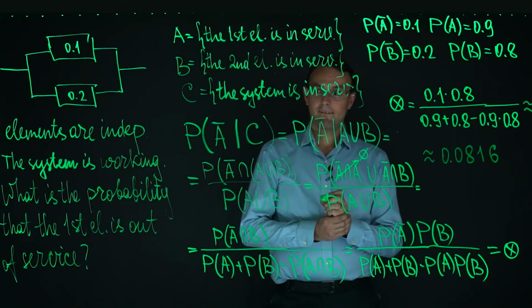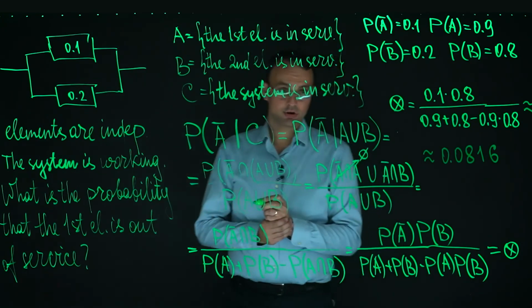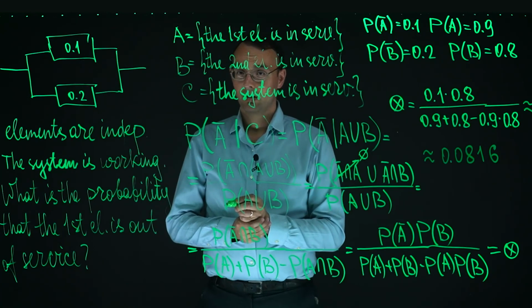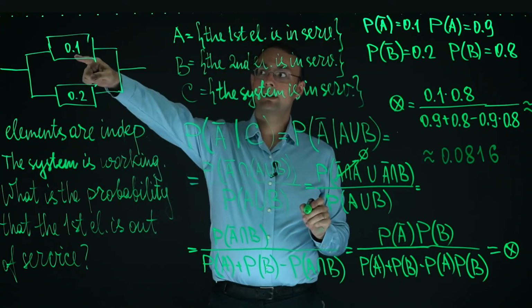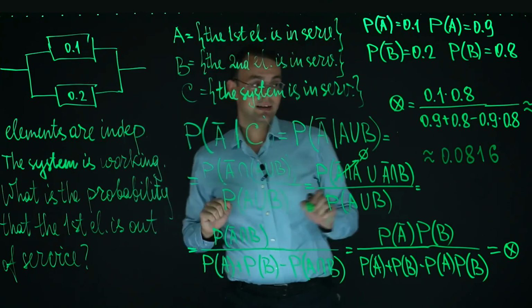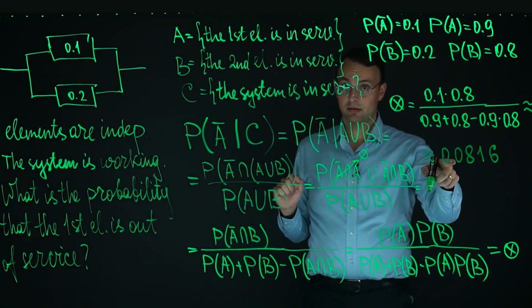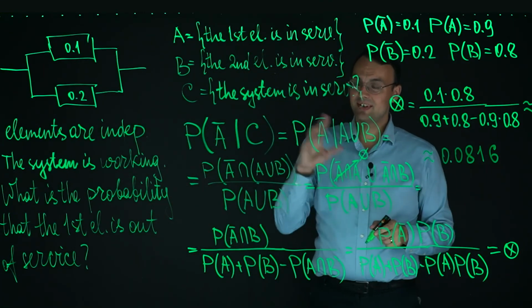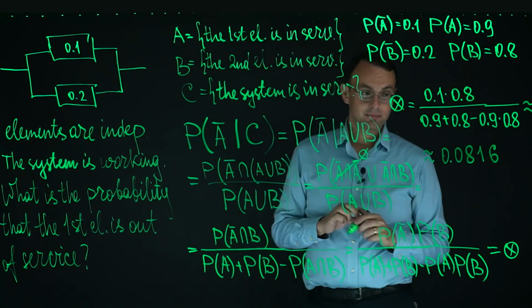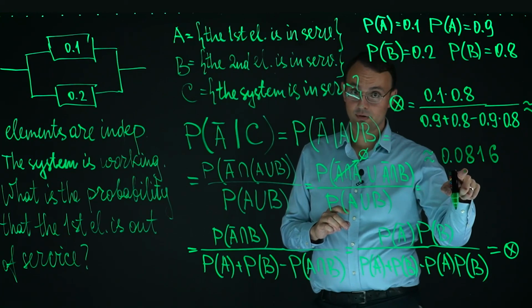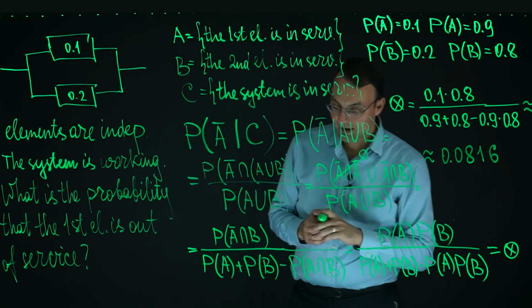So you can see that unconditional probability that the first element is out of service is 0.1, and conditional probability when we know that the system is working, that the system is in service, is a little bit less than 0.1. Why?